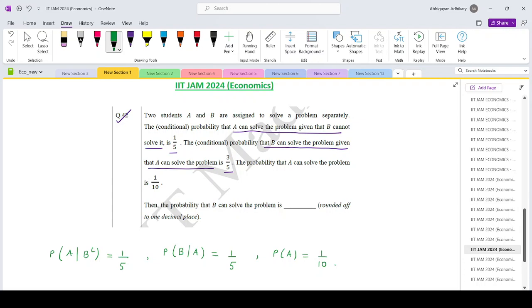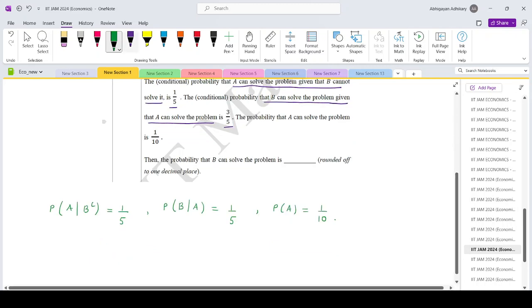Okay, so given these three informations, we need to find out the probability that B can solve the problem, the unconditional probability that B can solve the problem.